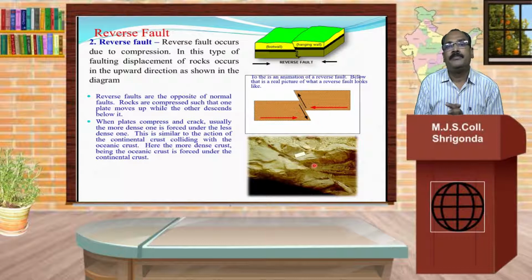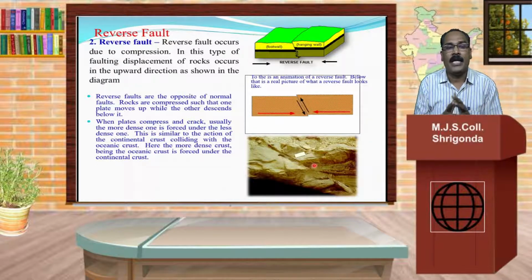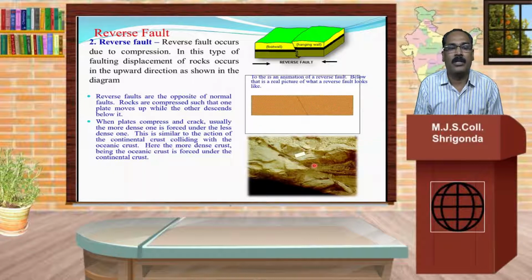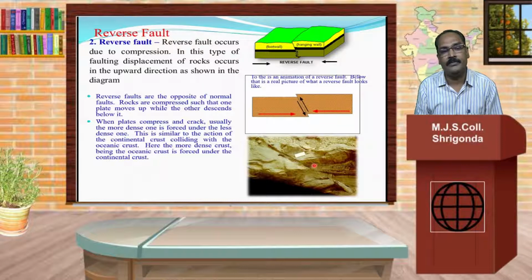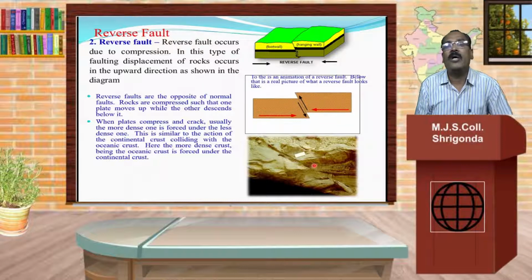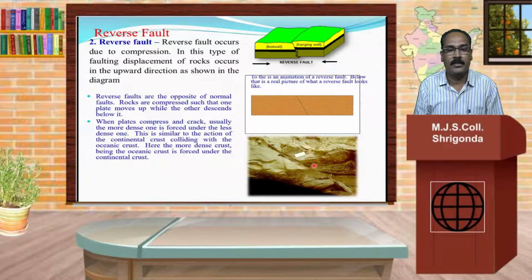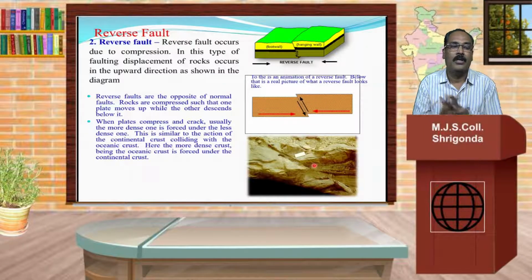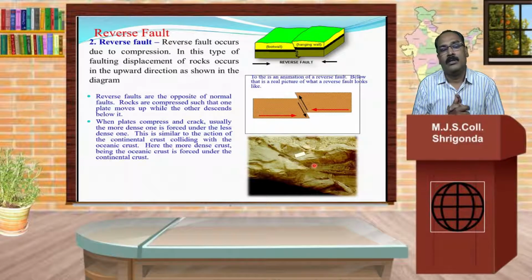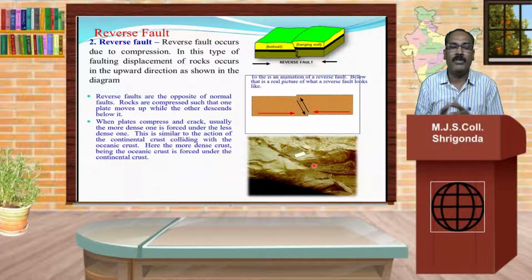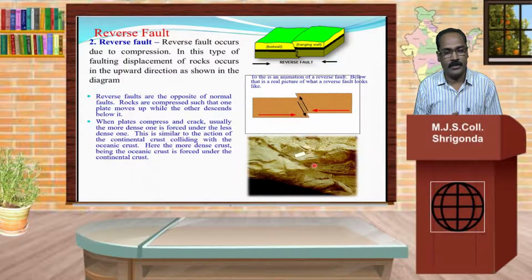When the plates compress and crack, usually the more dense one is forced under the less dense one, similar to the action of oceanic crust, the action of continental crust colliding with oceanic crust.